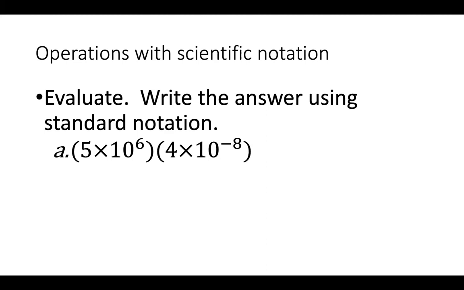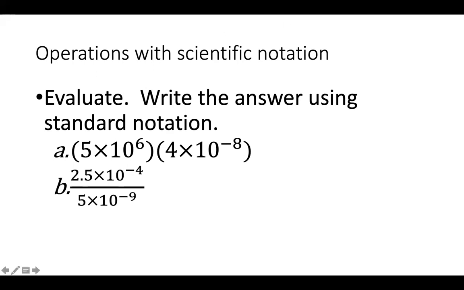So a very big number times a very small number. Imagine if those numbers were written in standard notation. It would be 5 with a bunch of zeros times 0.0000, a bunch of zeros, and then a 4. That would drive me crazy trying to multiply them that way. It's much easier to multiply them in this form. And then a division example. This is the quotient of 2 small numbers.